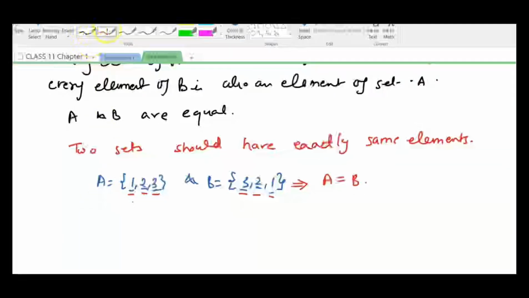Now let's consider another example. Suppose we have the set A is equal to {1, 2} and B is equal to {1, 2, 3}.